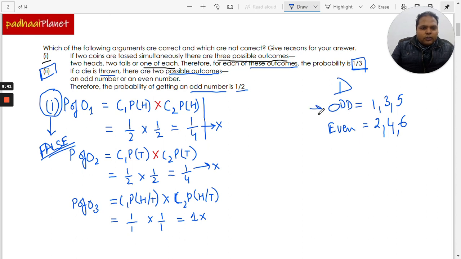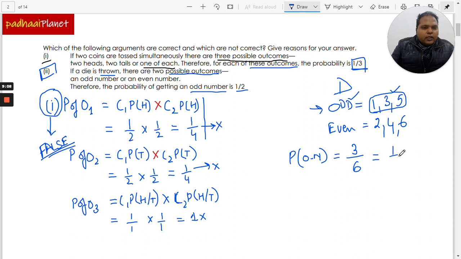So let's calculate the probability of an odd number. Probability of an odd number is the total number of options which would satisfy our condition of odd numbers. There are 3 such situations, and it needs to be divided by the total number of possible outcomes, and that is 6.